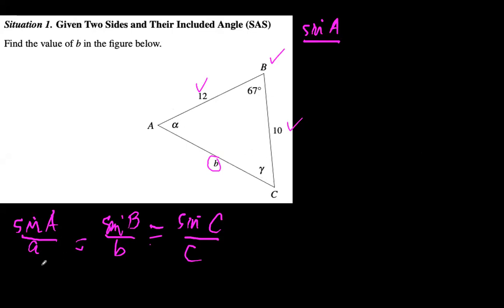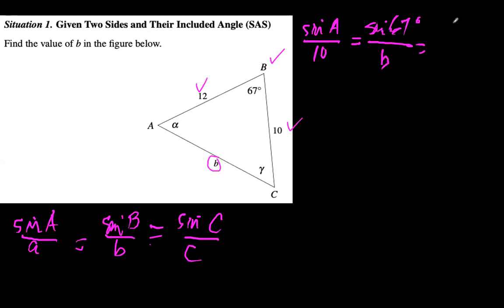So that we can easily associate the sides and the angles to the formula. So sine A over a is equal to 10, and sine B is sine 67 degrees over b, which is unknown.